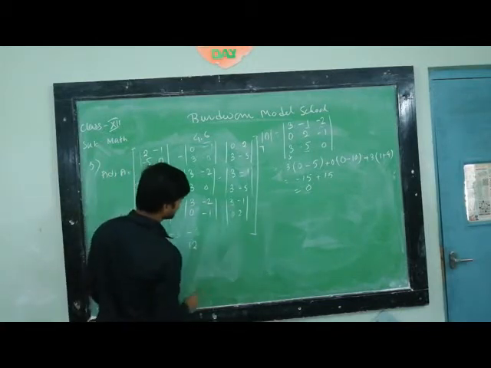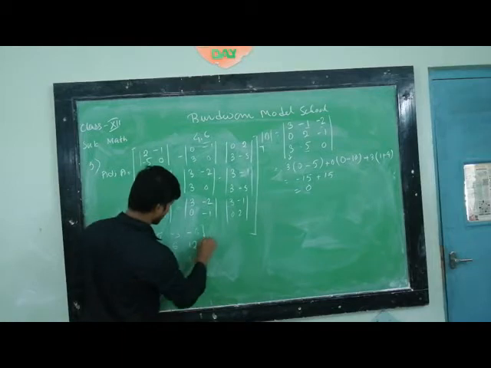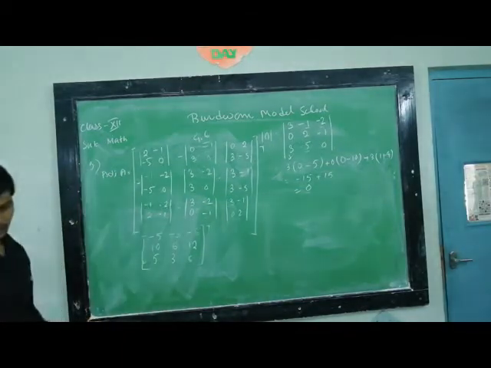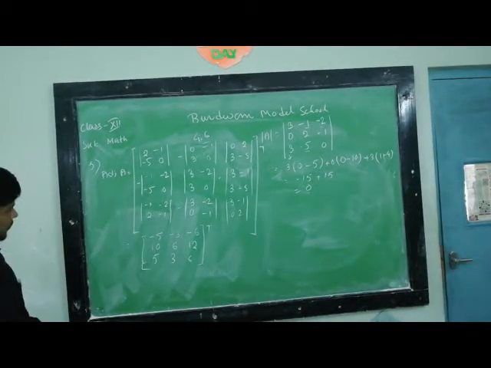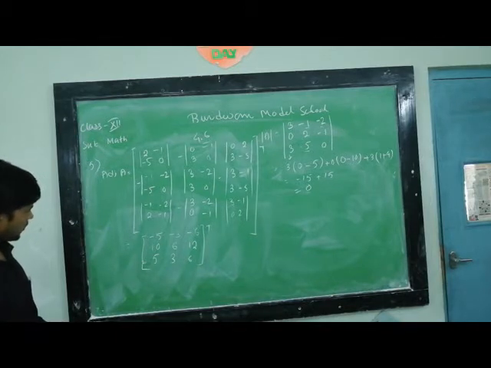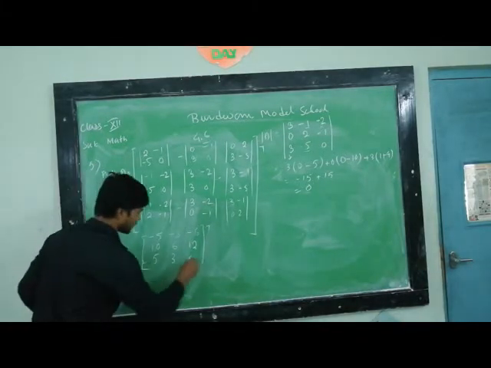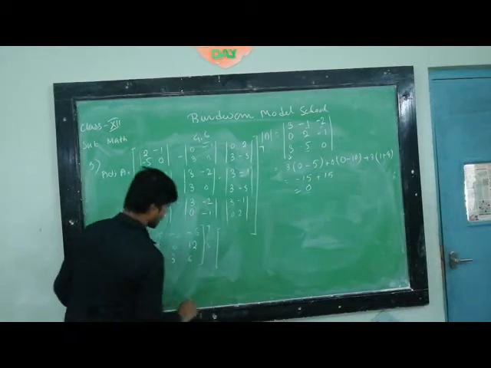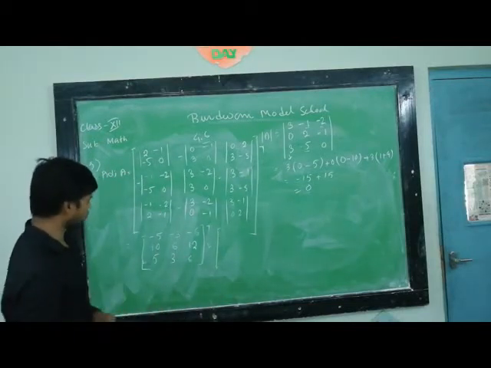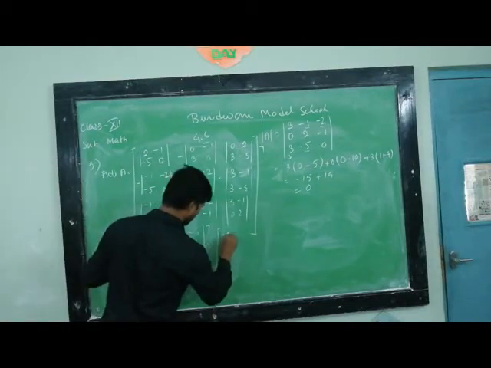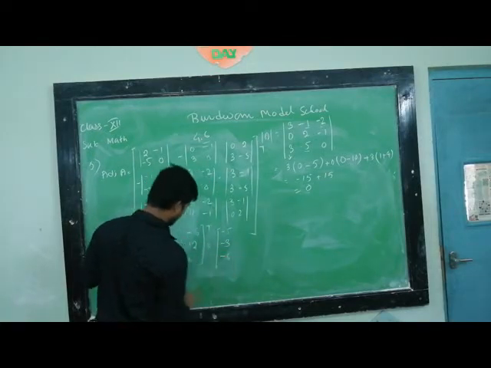This is 3 times 2, 6, and the transpose of that. Changing the rows into columns and columns into rows, we have the first column as minus 5, minus 3, minus 6.